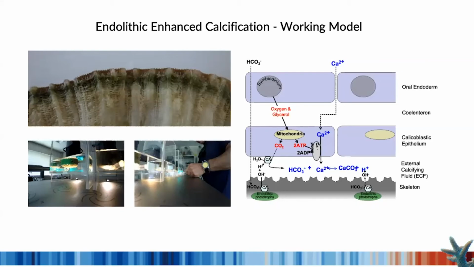And I showed with dyes that the inhibitor was not making its way to the outside. So the tissue was isolated in a water bath underneath, and then the column gave me access to the skeleton. Well, when I added the photosynthetic inhibitor to the skeleton with the endoliths in it, it reduced calcification in Orbicella by about 40%. So I need to follow this up.